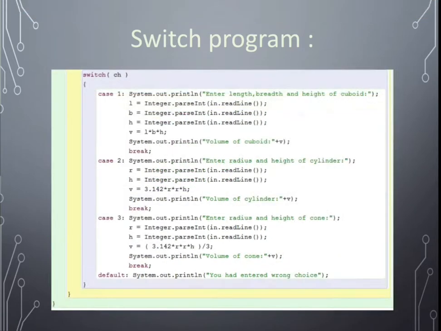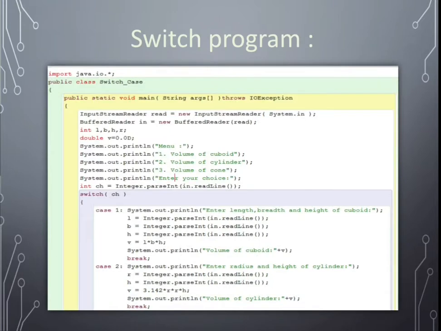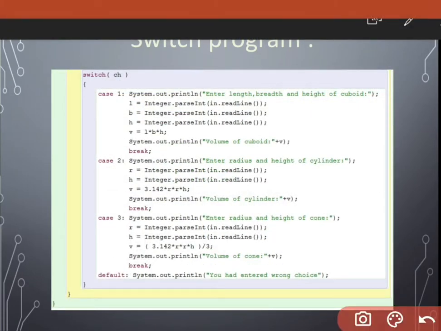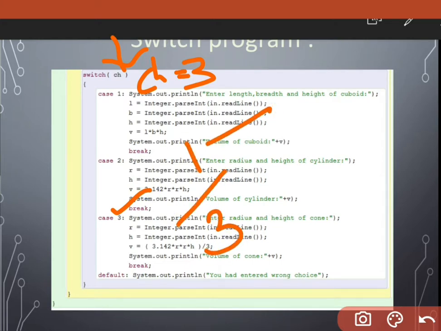And if the user's choice is 3, then case 3 will be executed. The formula for the volume of a cone is 1 by 3 pi r square h.